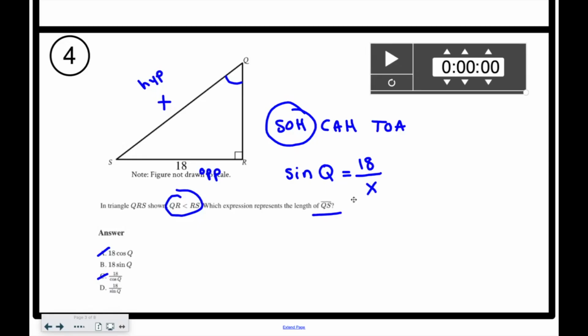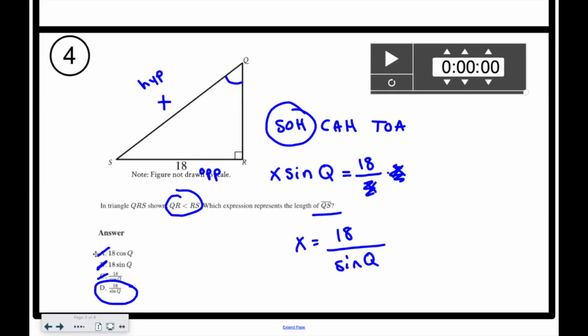And if my goal is to get X by itself, then I can multiply each side by X, and then divide each side by sine Q. So X is going to be 18 over sine Q, which is answer choice D.